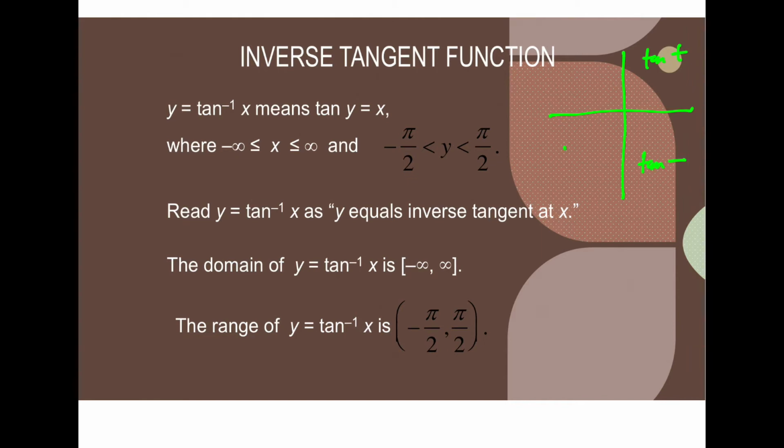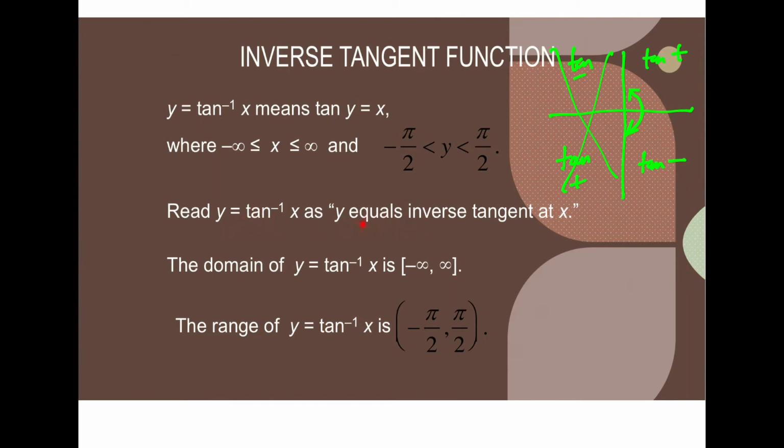Tangent is also positive here and negative here, but we're eliminating these two, and we're only going to say from positive pi over 2 to negative pi over 2 for our outcomes. We're going to restrict ourselves to those values.